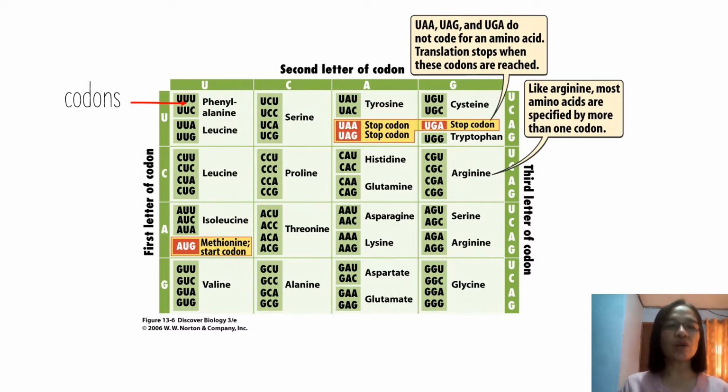Pag 2 or more codons na ang magkakasama, ang tawag na diyan ay amino acids. Ano mga example ng amino acid? Leucine, isoleucine, valine, alanine, glycine, cysteine.